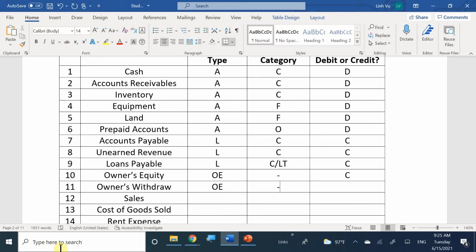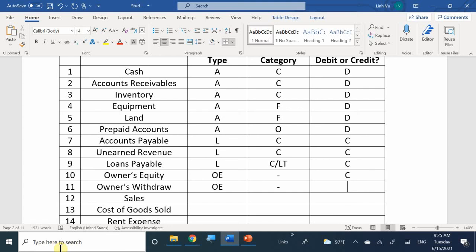No categories, right? So then, what kind of balance would this account have? A debit? Okay.